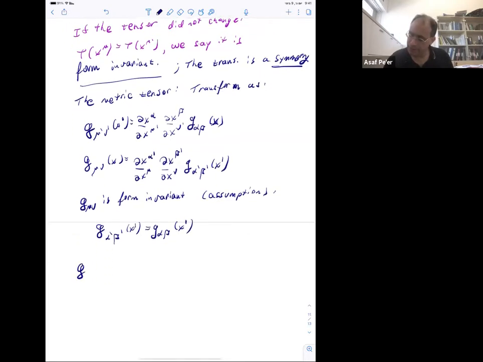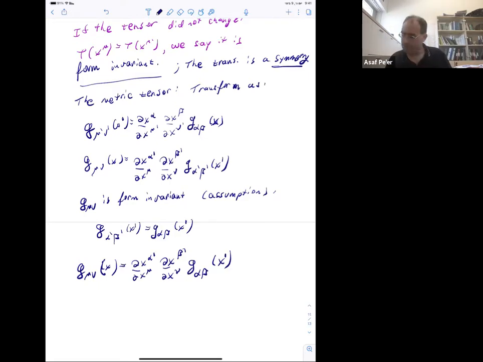So we have G mu nu of x is just dx alpha prime over dx mu, dx beta prime over dx nu, G alpha beta of x prime. Now, any transformation that fulfills that, we call this an isometry. Any transformation fulfilling that is an isometry.